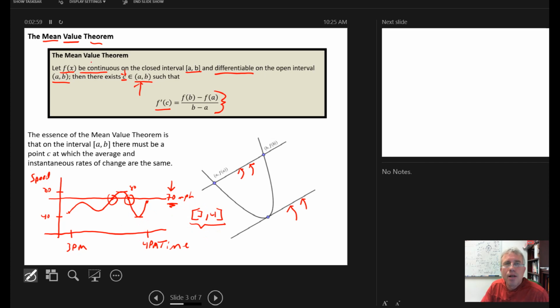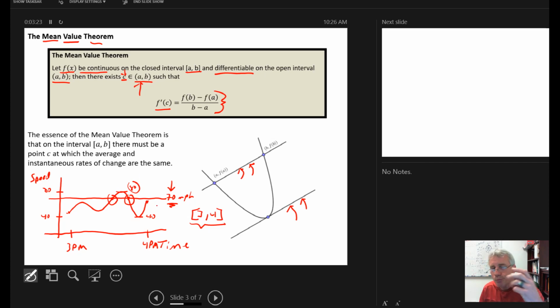So the big claim that the mean value theorem is conceptually making is that, hey, you have an average speed of 70. Well, you weren't doing 70 at all times. Your speed was fluctuating. Your low speed of 40 right here, you got stuck behind a semi-truck. You sped all the way up to 80 miles per hour, and then you saw a cop and you hit the brake and you slowed down.